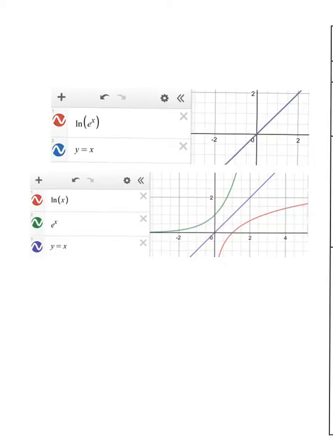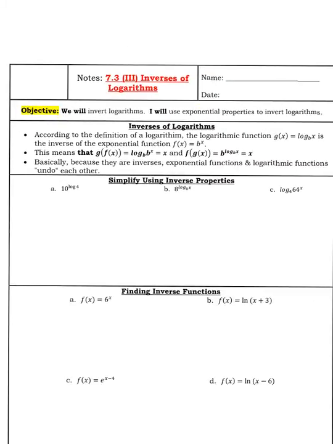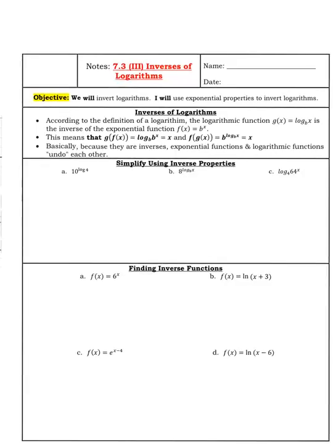Another way of looking at it is to graph them individually. Graph ln x, graph e to the power of x. And remember, all inverses are reflections across the line y equals x. And so you see that it's a perfect mirror image across that line y equals x. So there's kind of like a graphical representation of this property, alright?